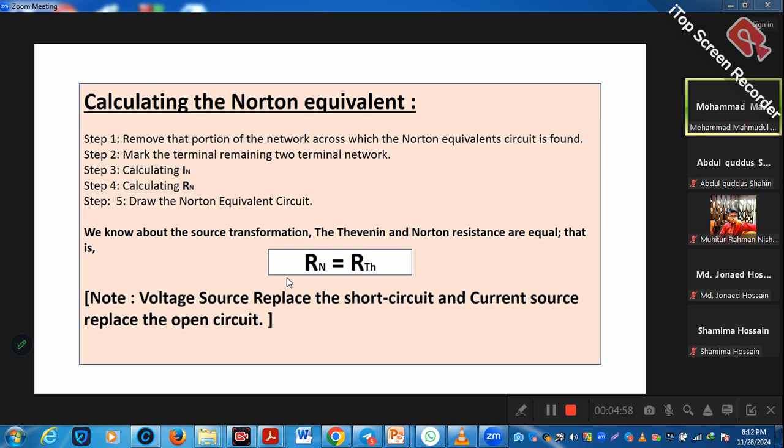For example, according to Ohm's law, V equals IR, so if we increase the current, we get a higher potential, or if we increase the voltage, we get a higher current.